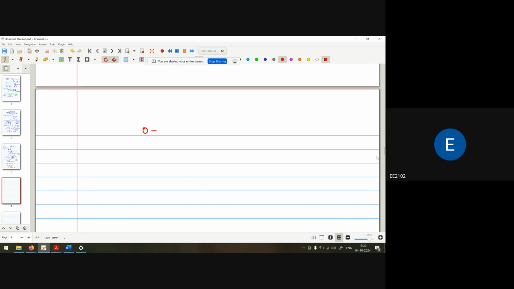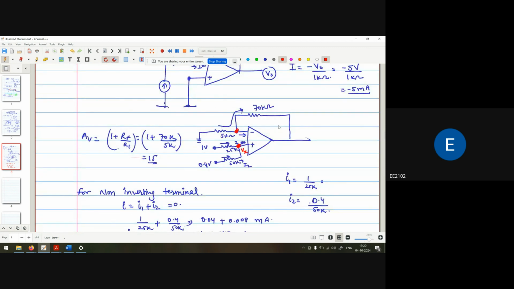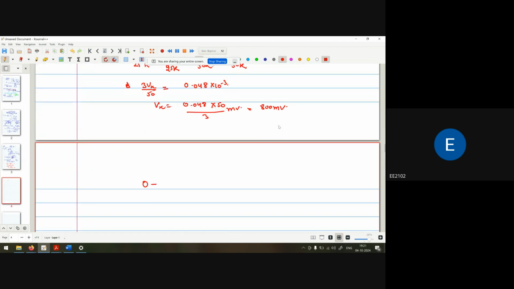Because it is grounded. 0 minus 800 millivolt upon 5 is equal to 800 millivolts minus Vout upon 70.